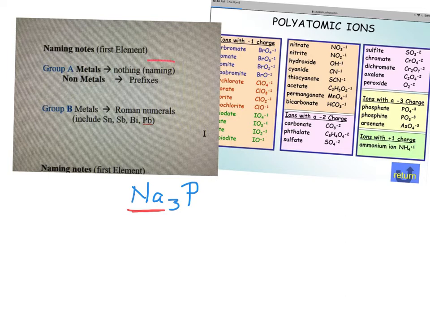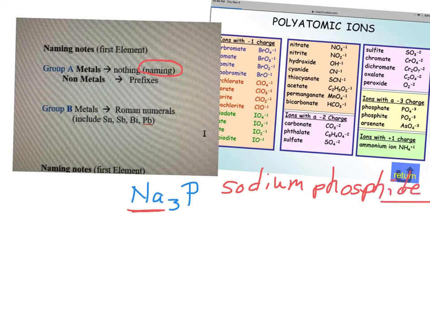What do we do to group A metals? Nothing. We just name it. So this will be sodium phosphide, because remember that comes from phosphorus. So phosphide, it has an IDE ending because it comes from the periodic table and it's a binary compound.